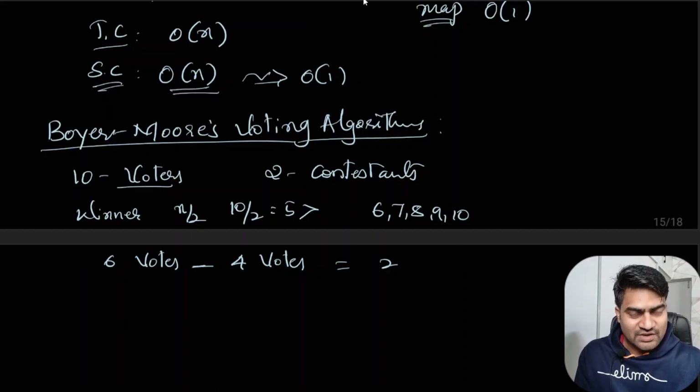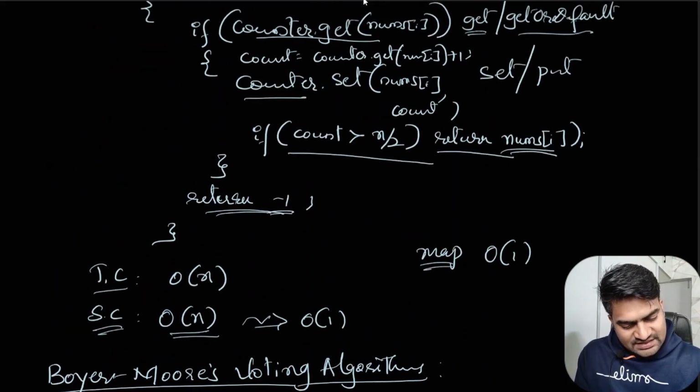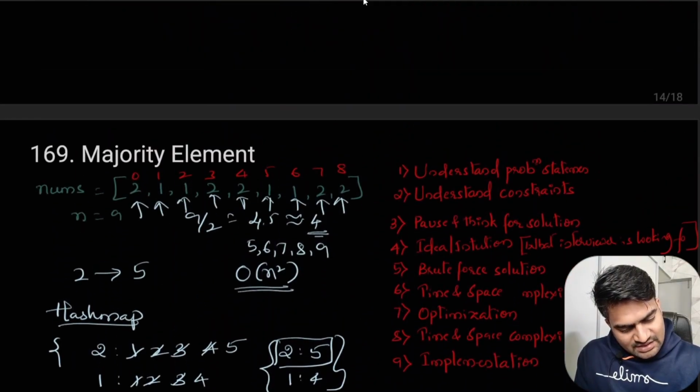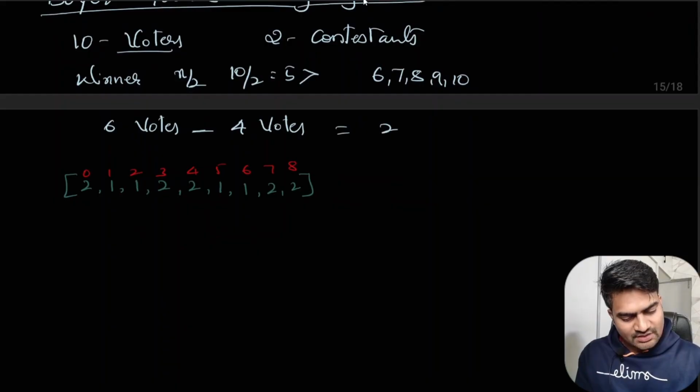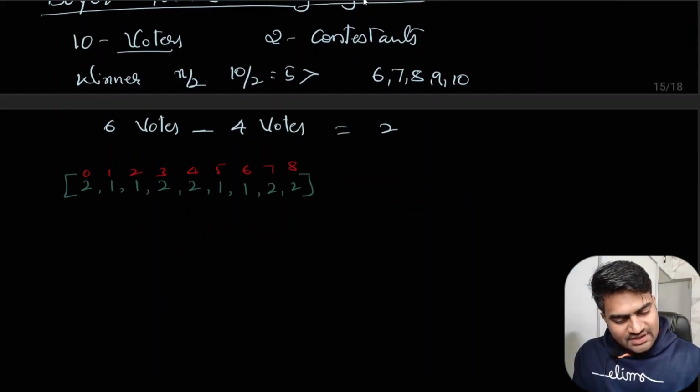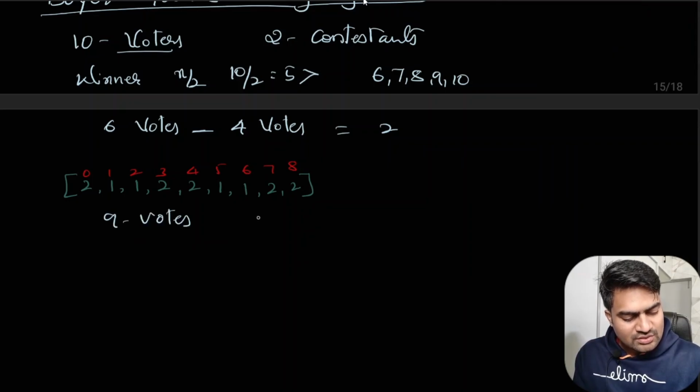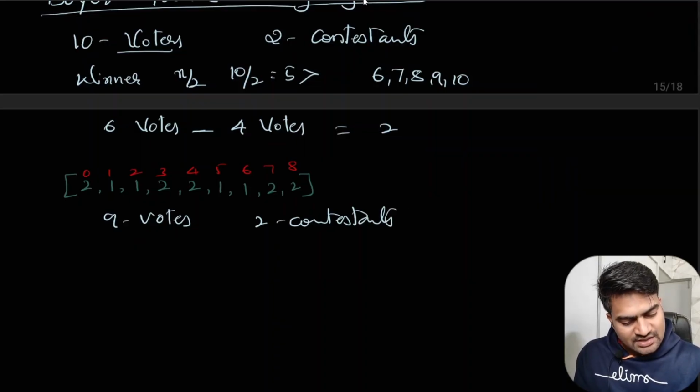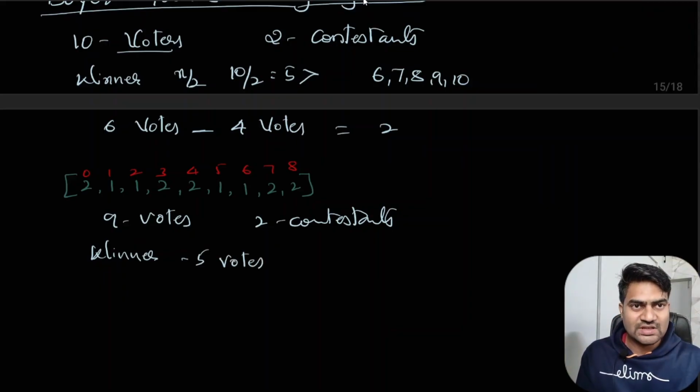So what we do, assume, let's take this example only. I will copy this. So here in this case, 9 votes, 2 contestants, okay, and the winner will get minimum 5 votes, which is more than n by 2.